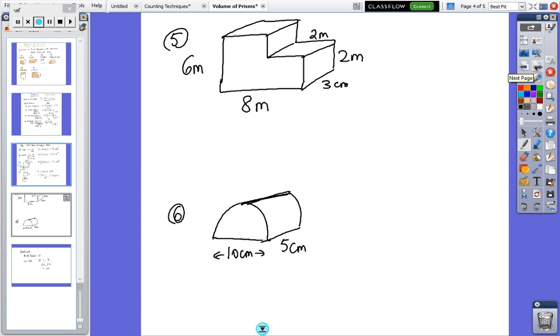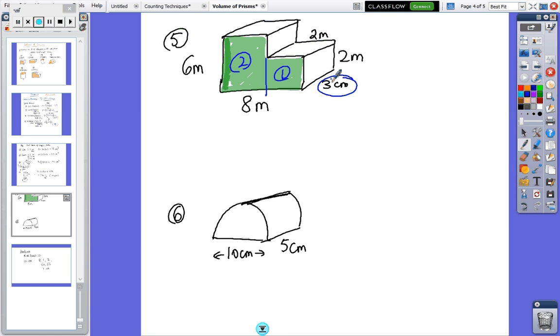Okay, so now we've got some composite shapes. Just to remind you what the area is, that is the shape that doesn't change. So we have to find the area of that shape there. What I'm going to do is divide it into two shapes. That's one shape and that's the other shape, and we're going to find the area, and then we're just going to times the area by the length of the prism, which is 3.